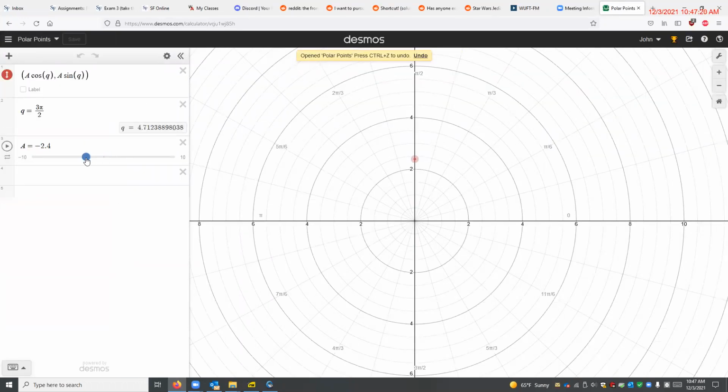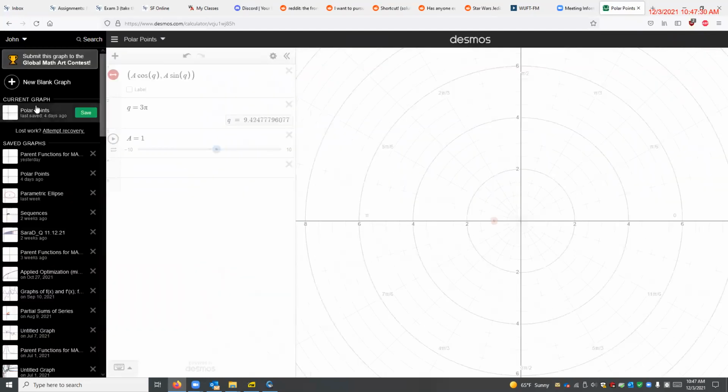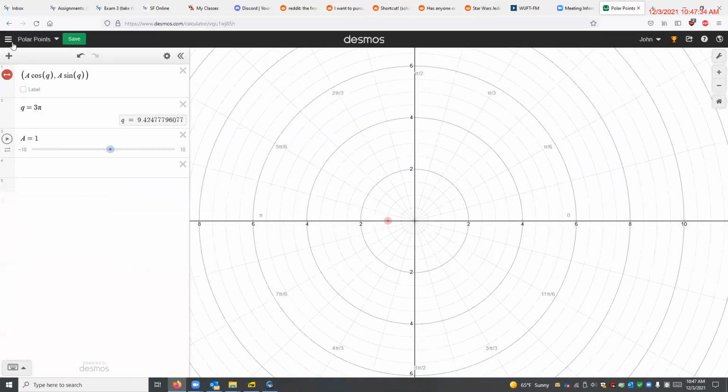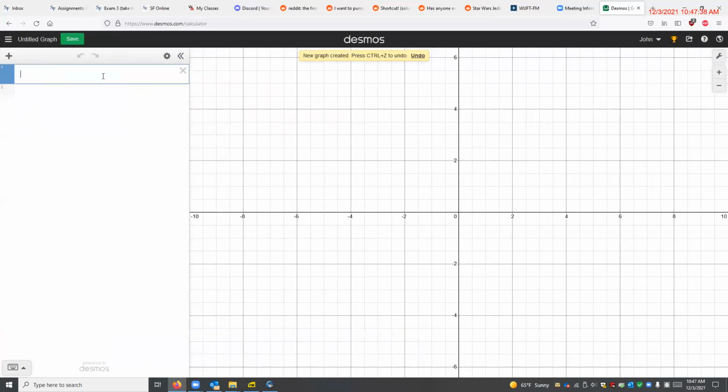You can move the point around by changing its amplitude, and you can plug in the angle you want here, right? But if we want to graph functions in polar coordinates, you don't need to do anything special. You can just put in r equals 3 sine 2 theta.